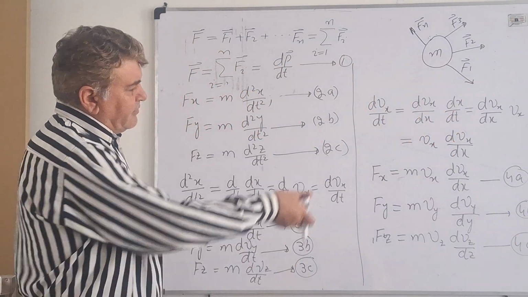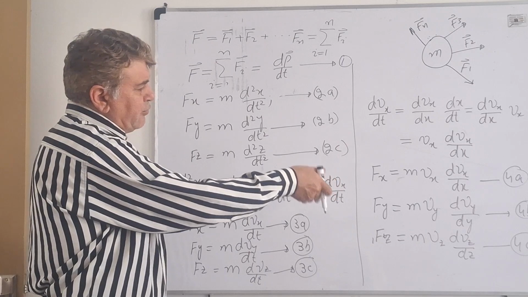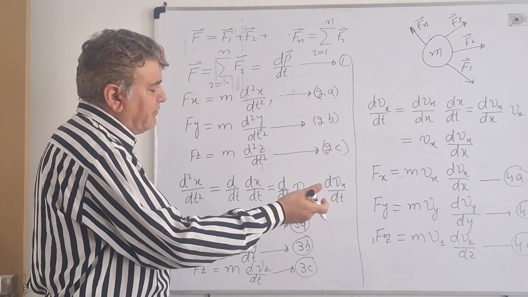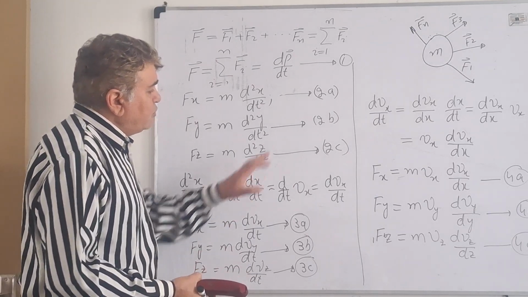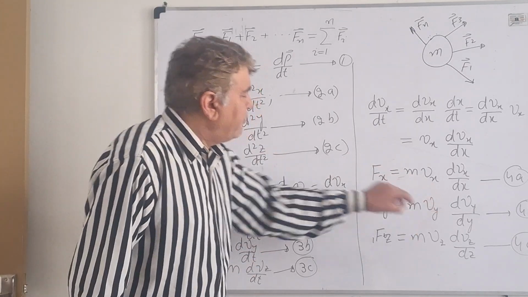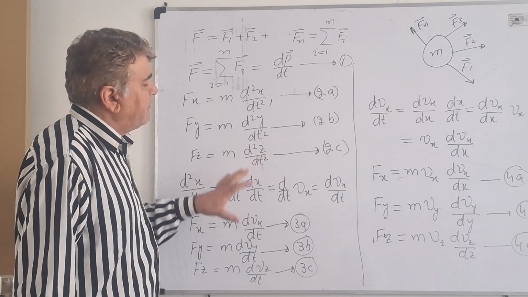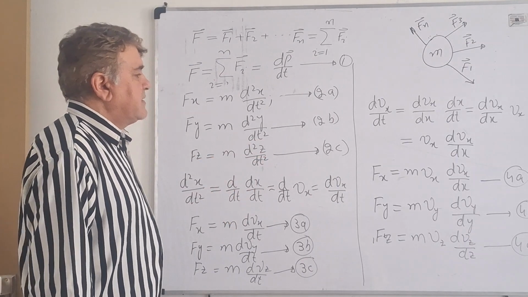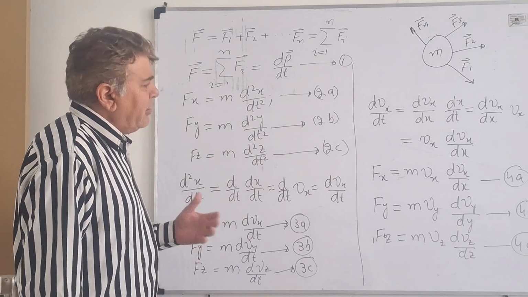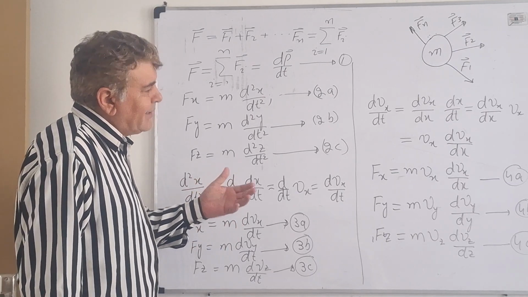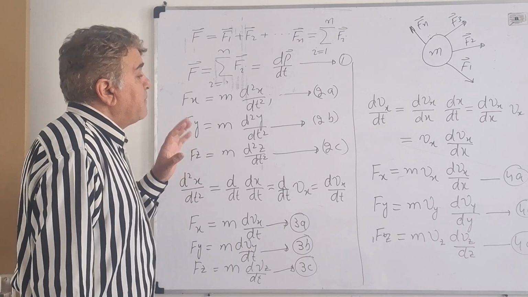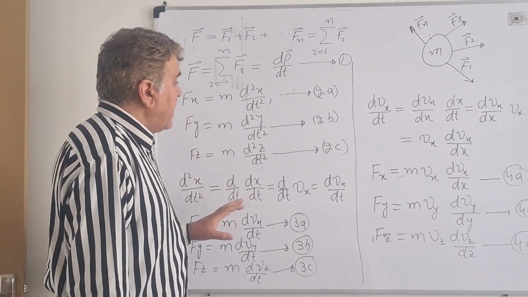Now, the set of three equations 4a, 4b, 4c is another differential form of Newton's second law. So equation 2, equation 3, and equation 4 are three different differential forms of Newton's second law. They are equivalent, meaning whichever differential form you use, you will get the same result, but they are presented in different ways.